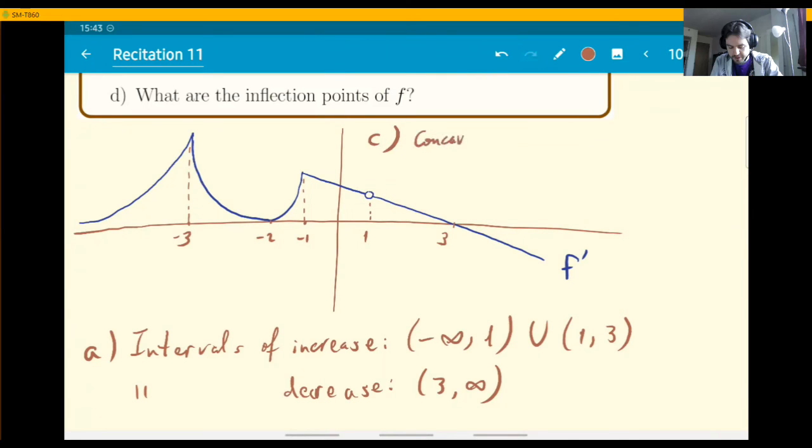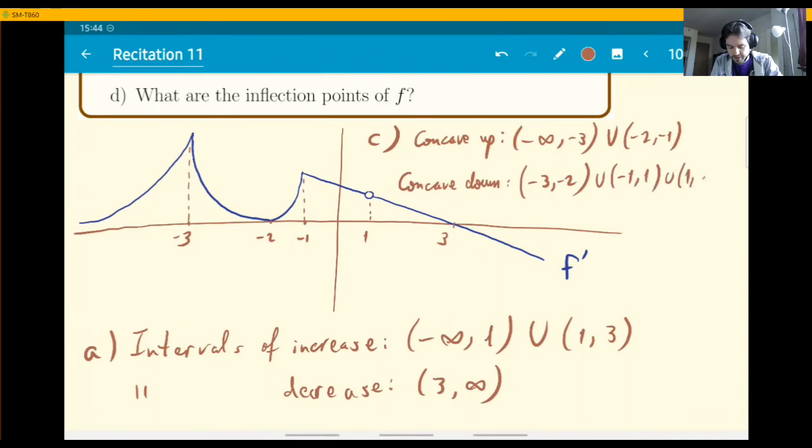Concave up is going to be between -infinity and -3, where f prime increases, also between -2 and -1, and that's it. Concave down, where f prime is decreasing: -3 to -2, -1 to 1, 1 onwards.